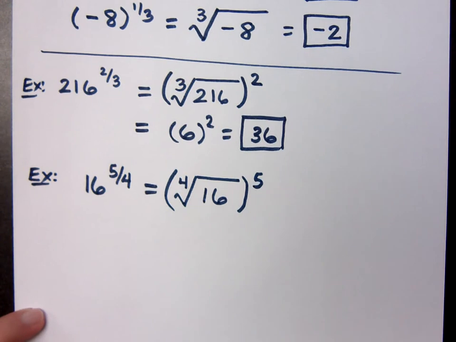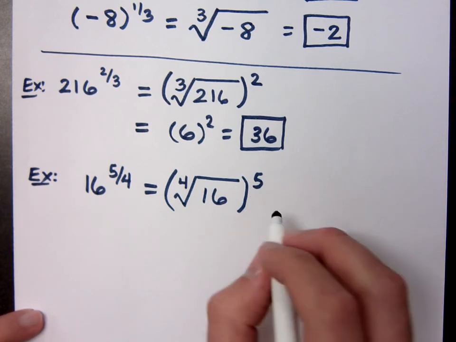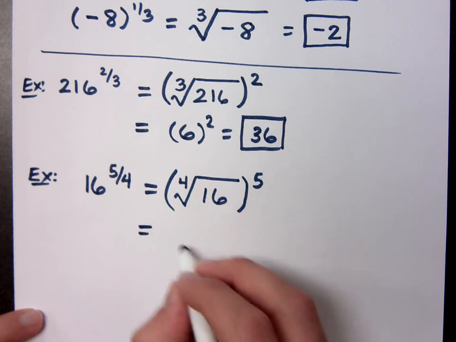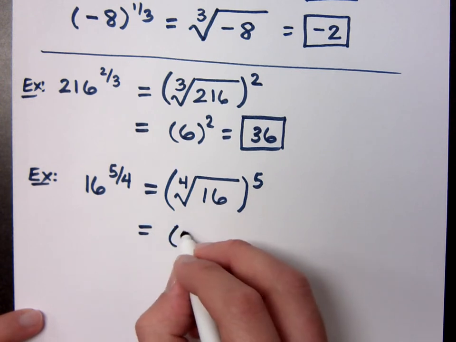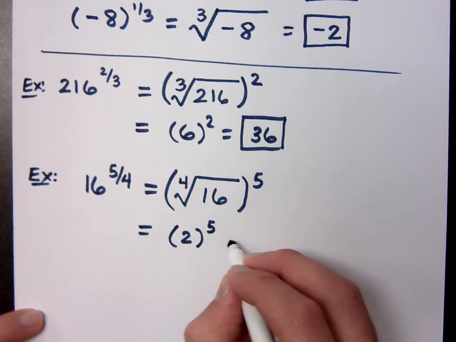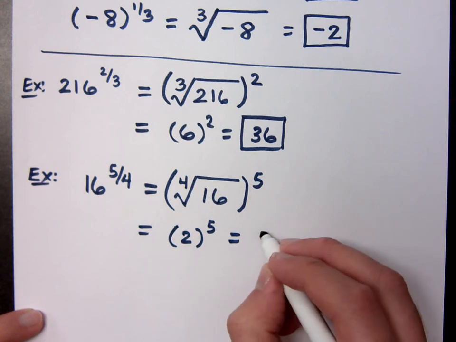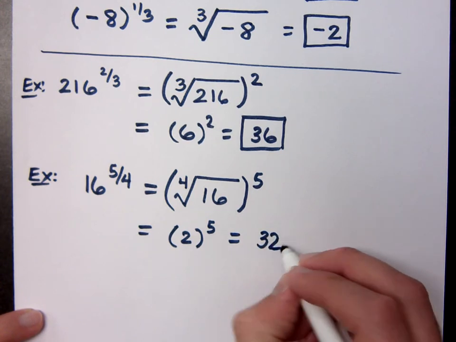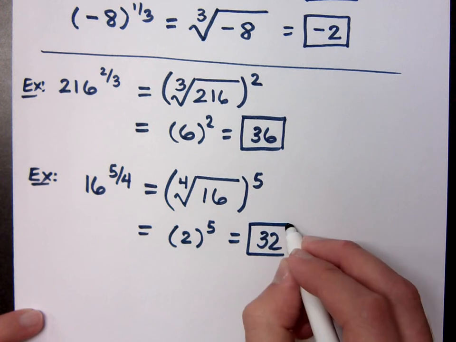I'm going to take the root first because you probably do not know what 16 to the 5th is. What's the 4th root of 16? 2. And what's 2 to the 5th? 32.